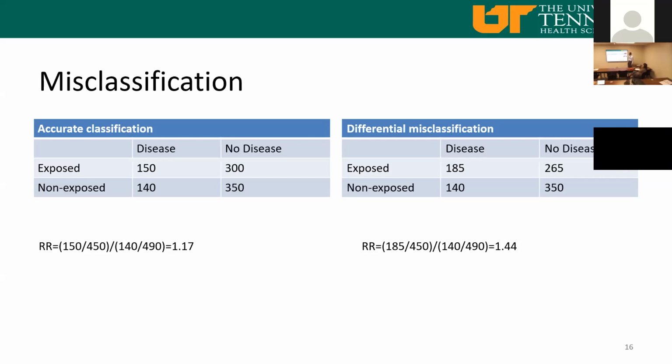The exposed ones are said to have more disease, but the non-exposed ones remained 140 and 350. This type of differential misclassification results in a relative risk of 1.44 as compared to 1.17. So the bias introduced by the differential misclassification drove the association away from the null.